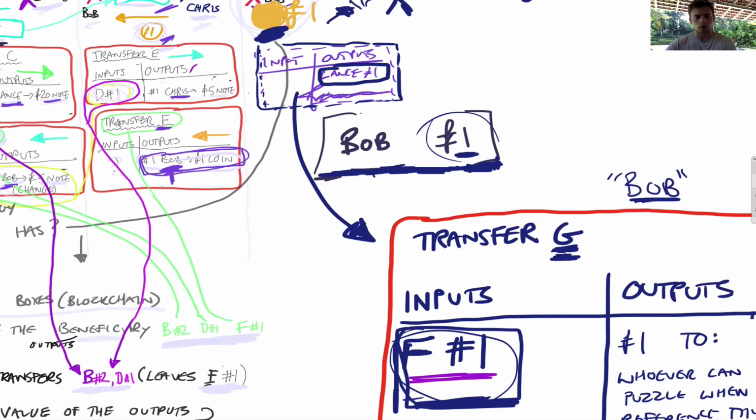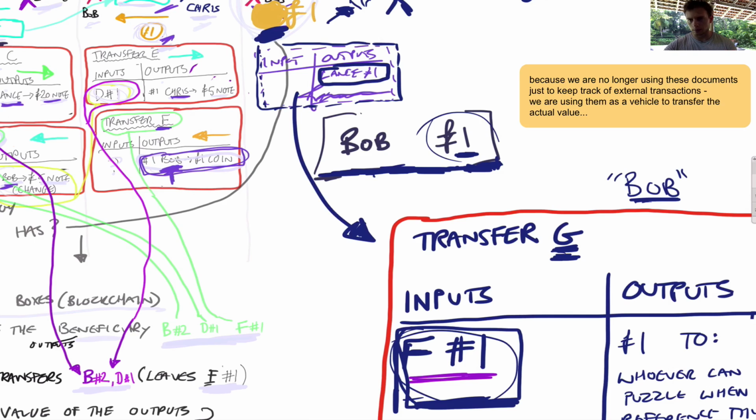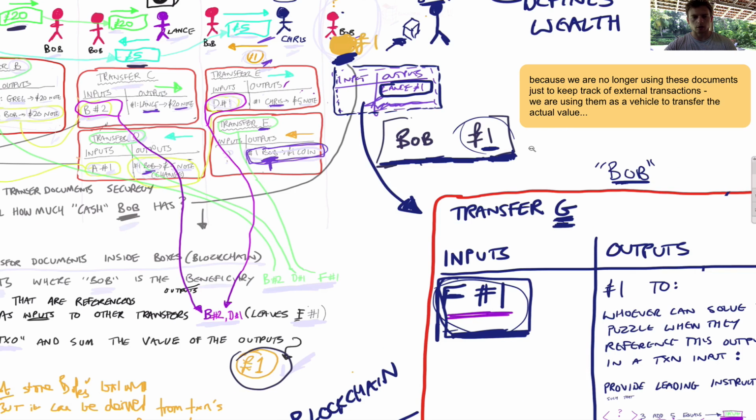So what we need to do is take all of these historic transactions and do something a bit more clever that locks these outputs to Bob in this case, and locks this output to Chris, so that nobody other than Chris or Bob can spend it. We can't just write their name there or their email address or whatever. What it comes down to again is the locking and the unlocking scripts.